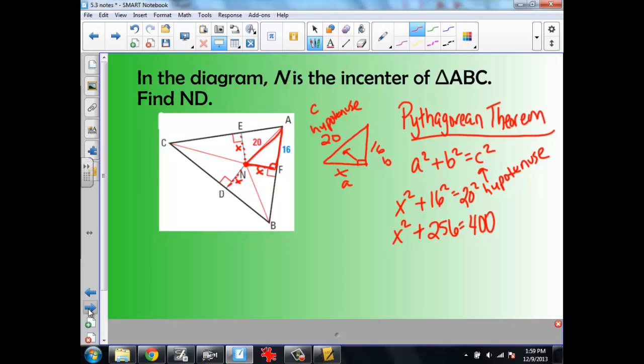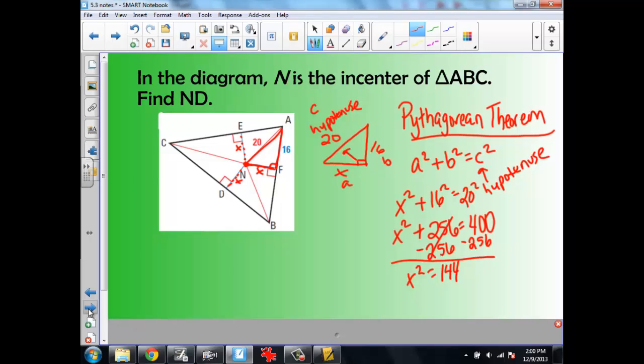Just like any other equation, we've got to get x by itself. Subtract your 256 over. X squared equals 144. What's the opposite of add? Subtract. What's the opposite of multiply? Divide.